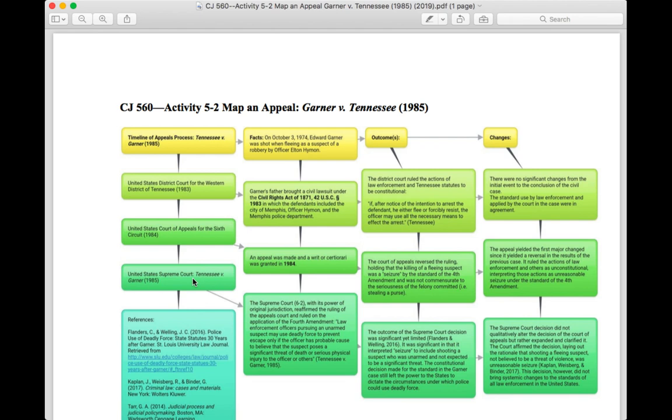But for the crime, the burglary being committed, it was believed and noted that Garner was unarmed during this event. Now, the question was, could he stop Garner by using any means to ensure the arrest, or are there limitations on that? That brings in what Sandra Day O'Connor, one of the dissenting justices, brought up in this case: that you do not have a right to flee from an arrest.